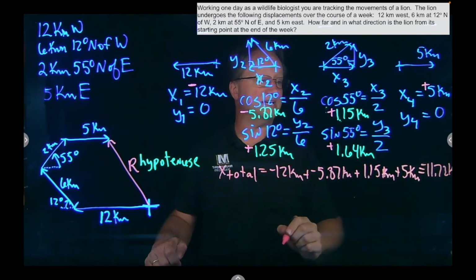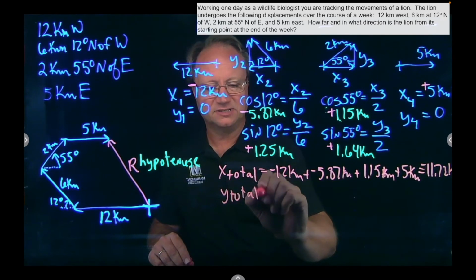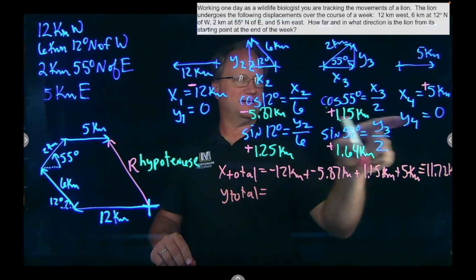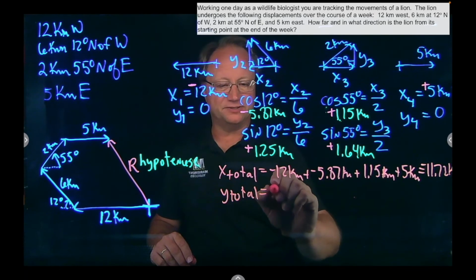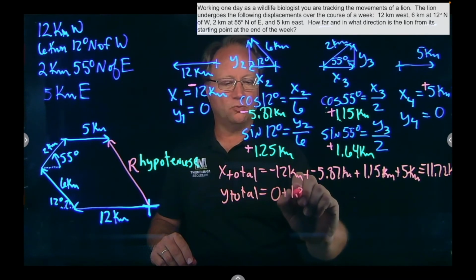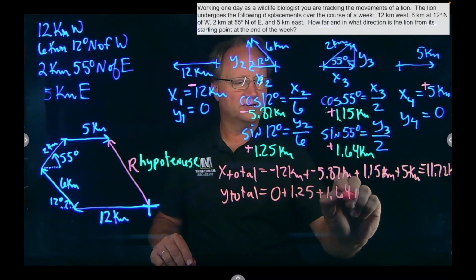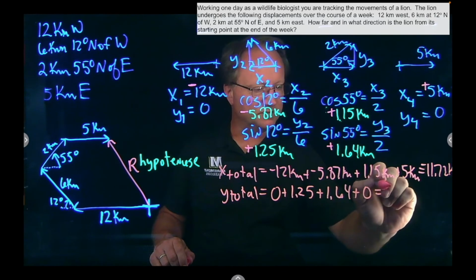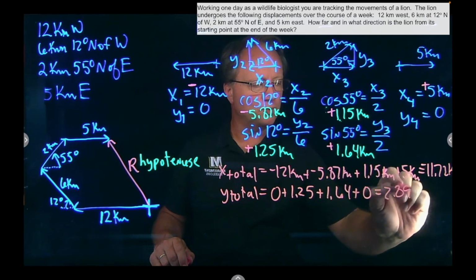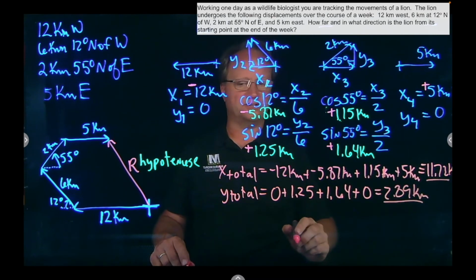And that's going to be negative. In the y direction, I've got a couple of zeros and then a couple of values. So we've got a 0, a 1.25, a 1.64, and another 0. In the y direction, that's going to give me a total of 2.89 kilometers.